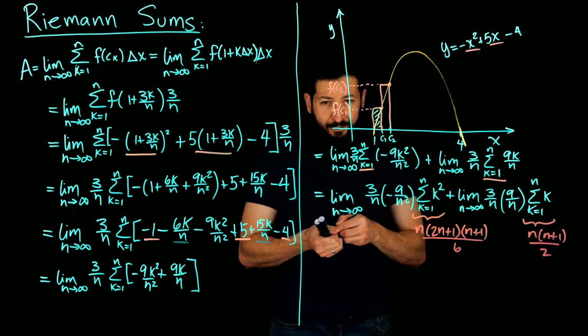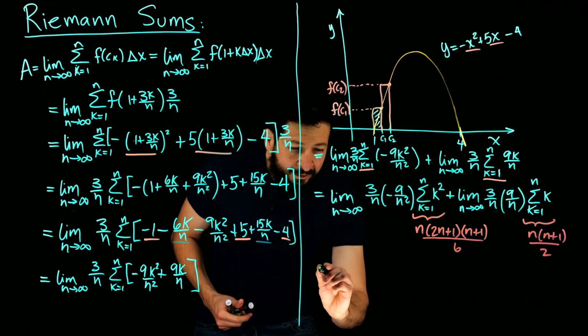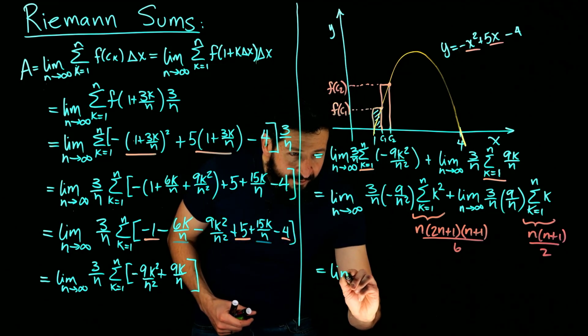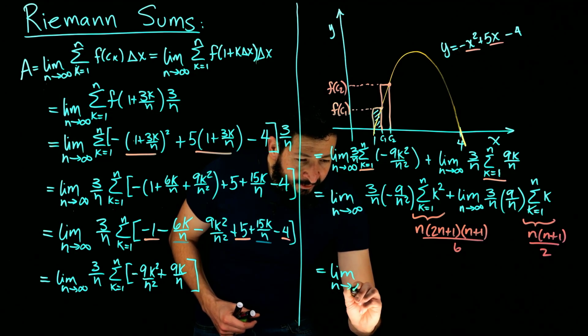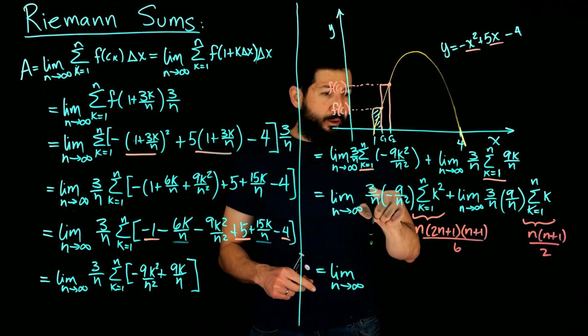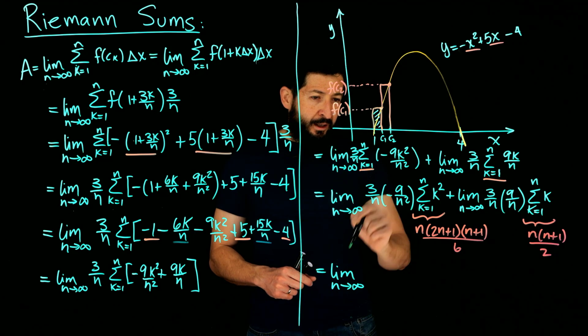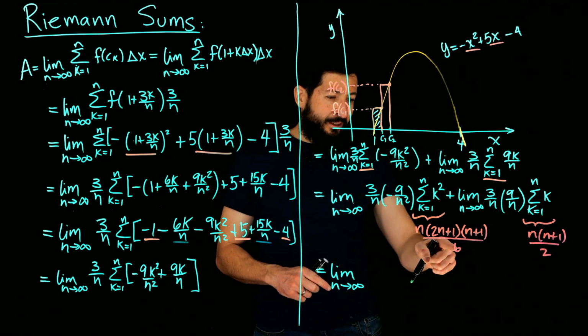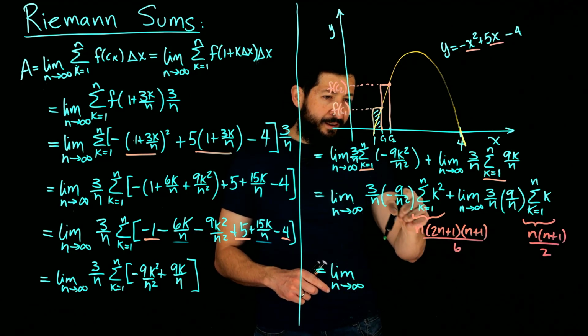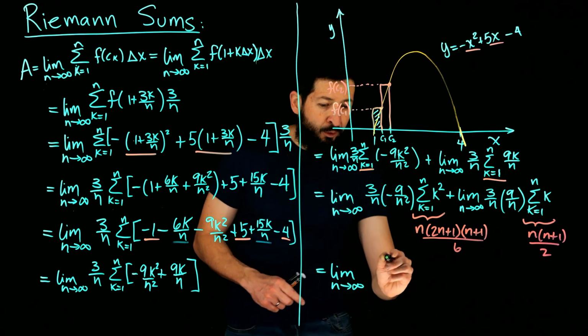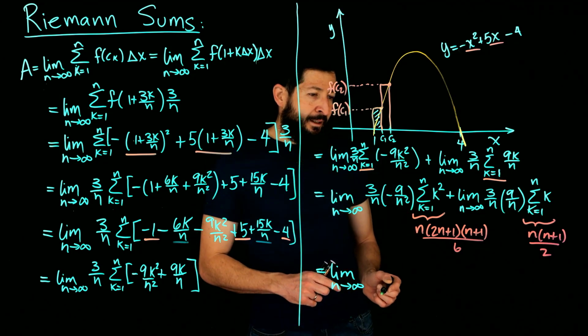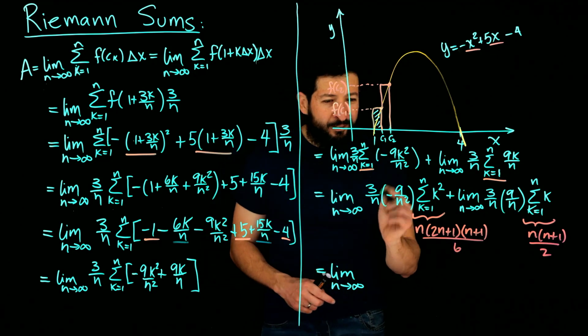So we can plug that in and multiply everything, and we get the limit as n goes to infinity of 3 times 9 is going to be 27 divided by 6. In fact, I'm just going to have a negative 9 over 2. Am I doing too much at once? Probably. Let's start multiplying.